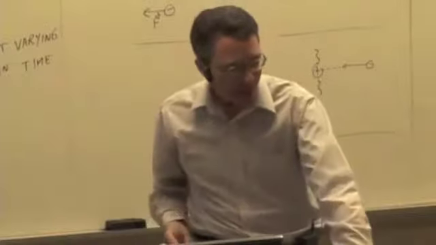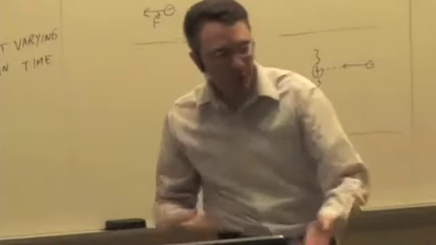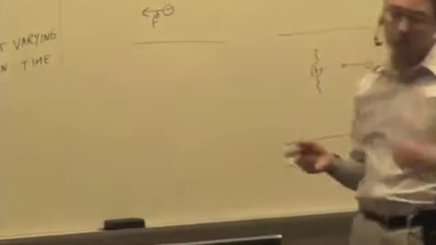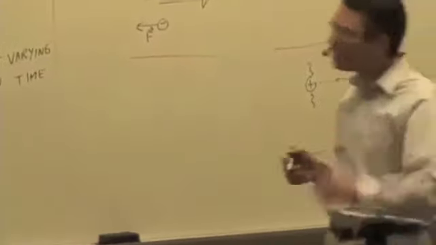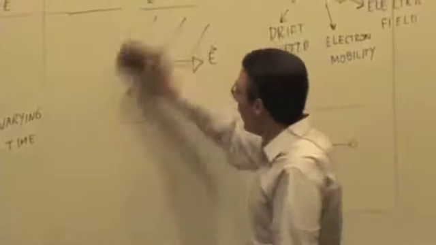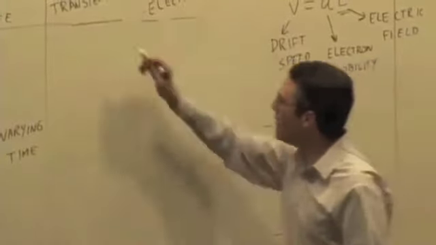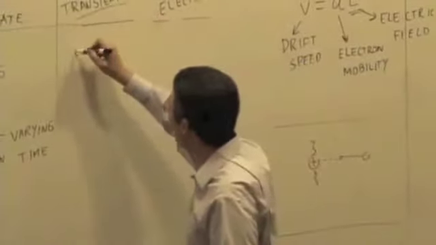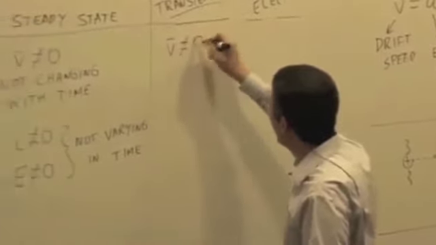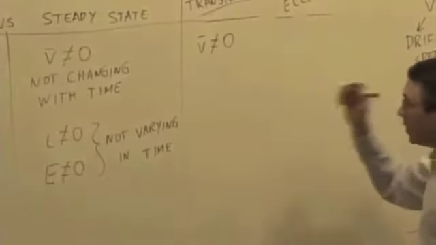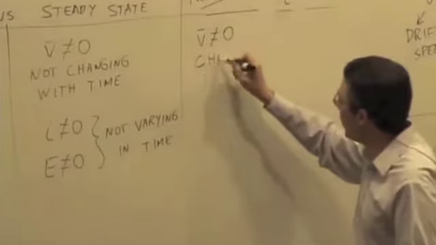So there must be some point or some brief amount of time, and it's really brief, at least in this particular situation, where we go from 0 to non-zero. So a transient is a situation where the charges are moving, and that motion is changing with time.